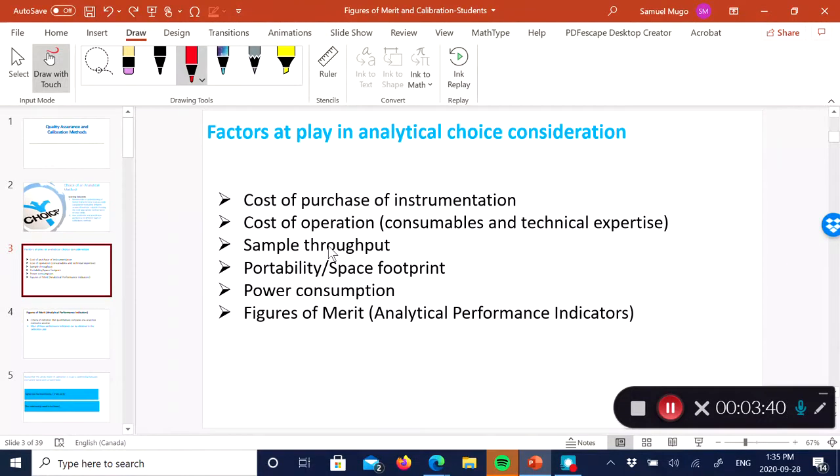So if you're in a high throughput lab, meaning you're getting probably 1,000 samples a day, and you need to profile all the different elements, maybe in a water sample, lead, mercury, and so on, you're probably gonna look at an ICP because it can analyze so many analytes in a single sample very quickly. So sample throughput, which means the number of samples I can run in a specific amount of time, is very important when you're choosing an analytical method of choice.